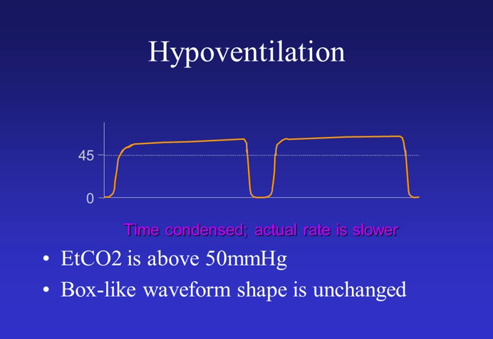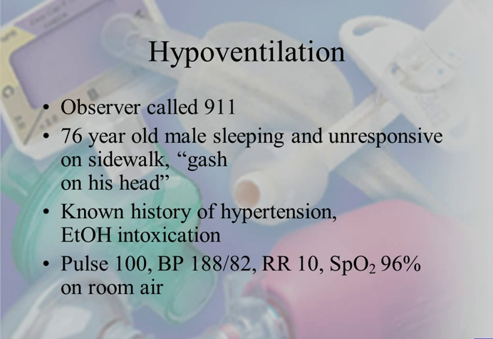All right, so with the hypoventilation, it says end-tidal CO2 is above 50, and its box-like waveform shape is unchanged. The shape is unchanged. So for us, we have a caller calling 911. We find a 76-year-old male sleeping unresponsive on the sidewalk. He's got a gash on his head.